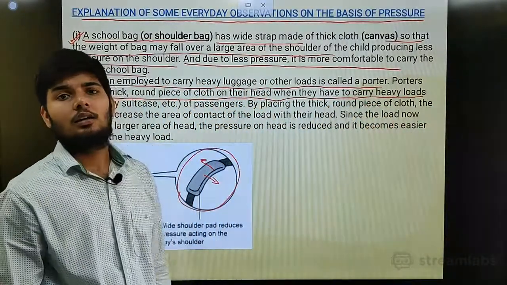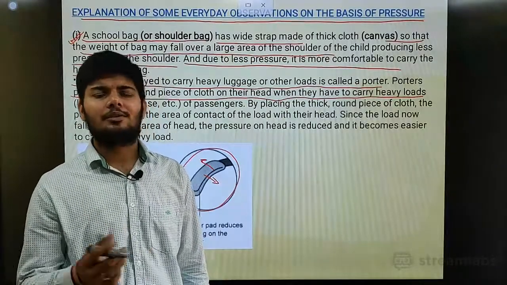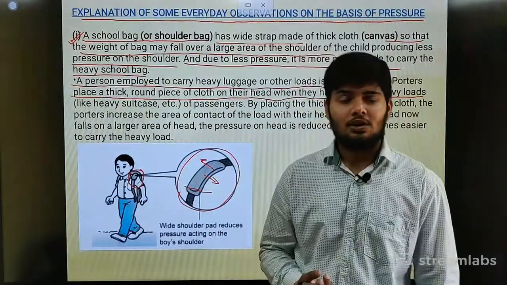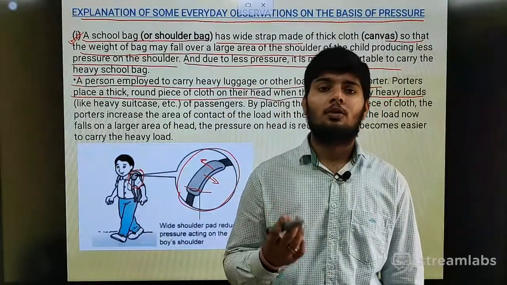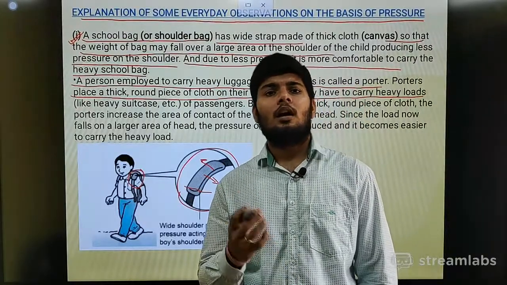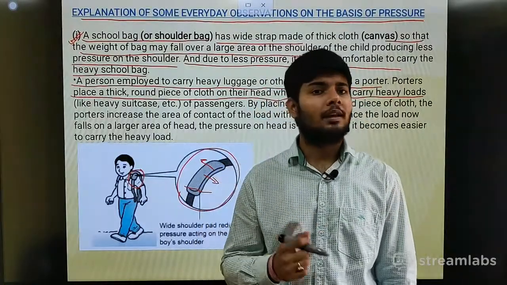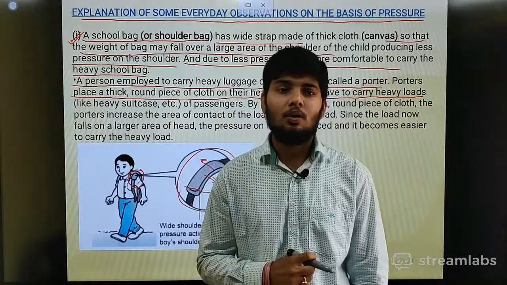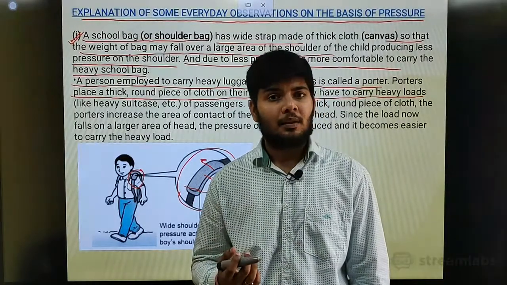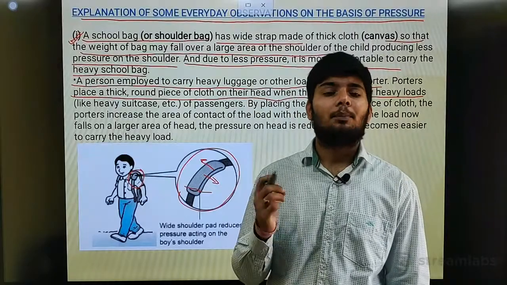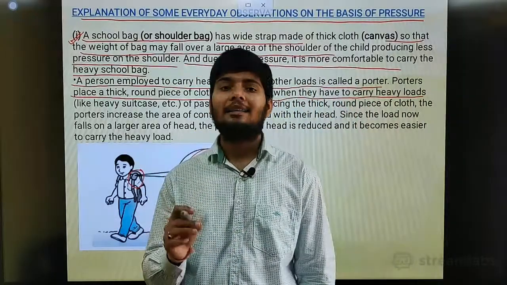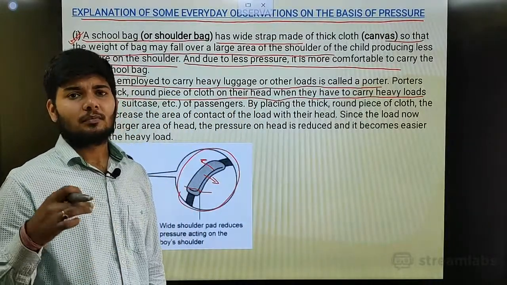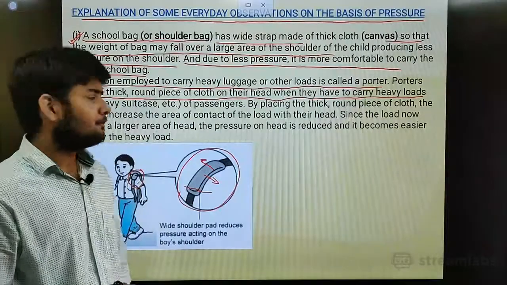As you can see in daily life, before carrying the luggage on their head, they put a piece of cloth on their head to reduce the pressure applied by the luggage, because it increases the area, and the pressure applied on their head by the weight of the luggage is reduced. So they comfortably put the luggage on their head.